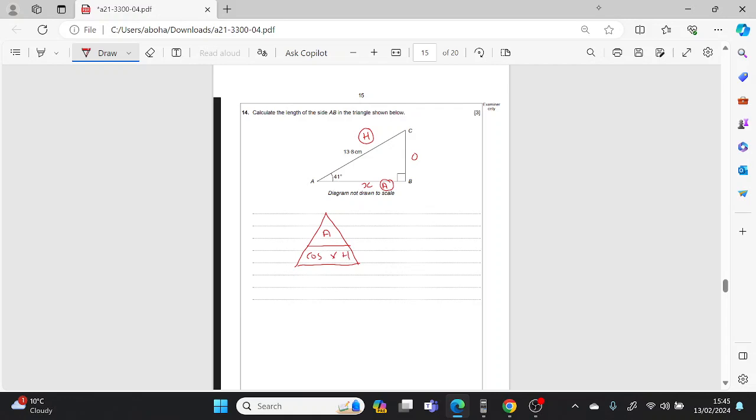So I'm looking for A. So if you covered A, it's a times question. So it's cos 41 times 13.8. Putting that onto your calculator will give you an answer of 10.4 centimeters.